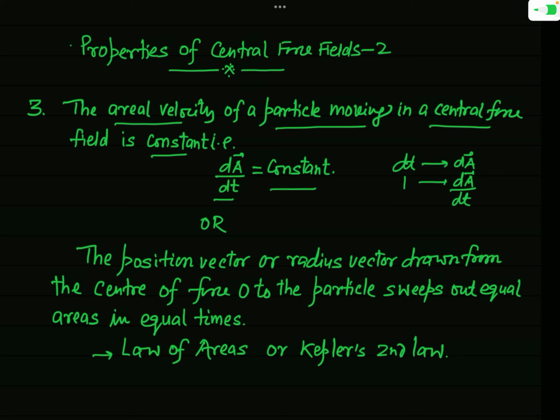In other words, this statement is also stated like this: the position vector or the radius vector drawn from the center of force O to the particle sweeps out equal areas in equal times. When we prove this result, we will explain this second statement.